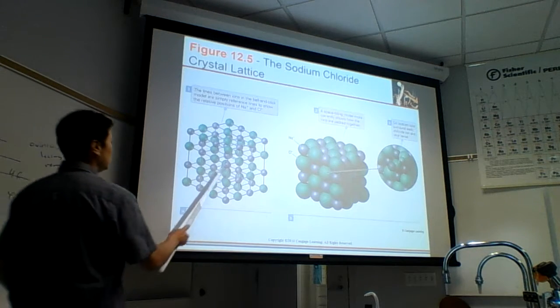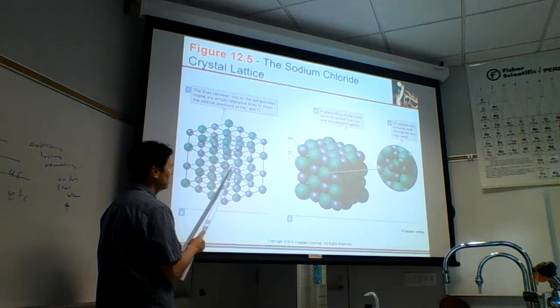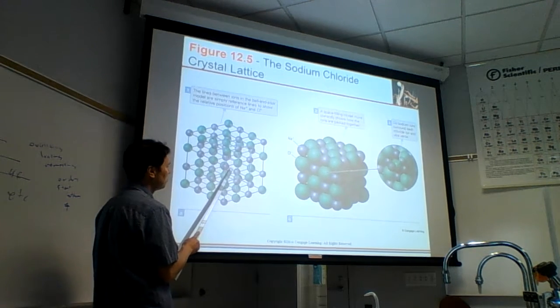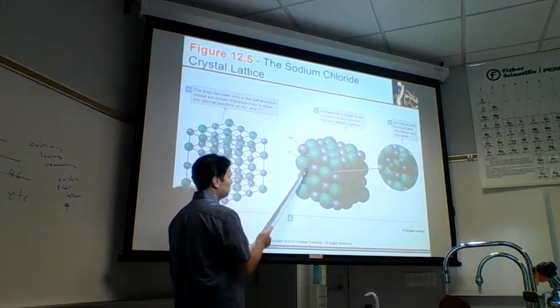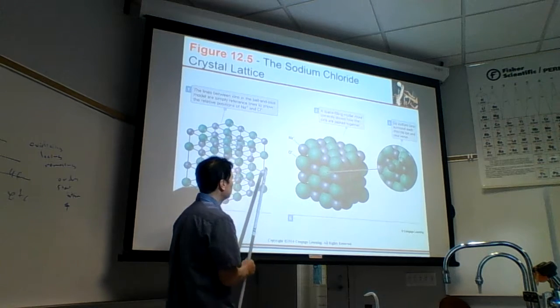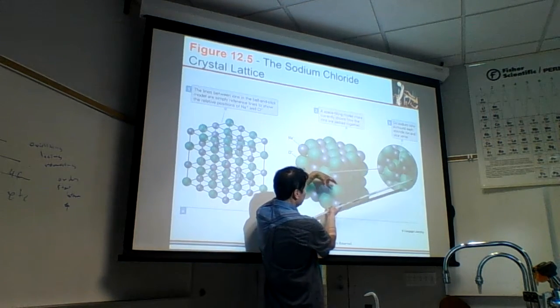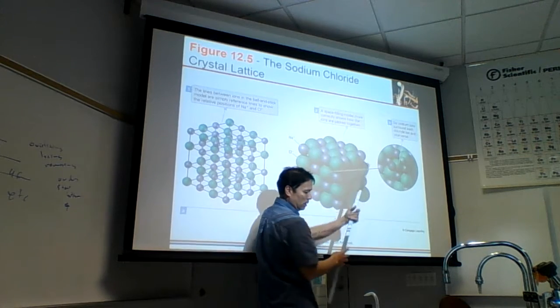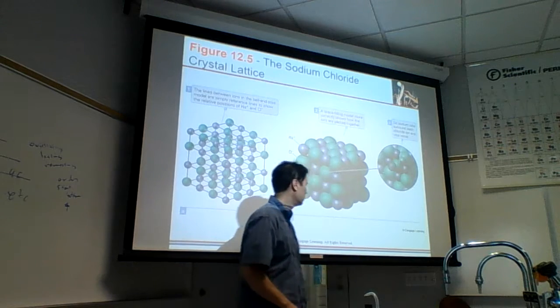These lines are just to show the geometry. These lines don't represent a bond. These lines would represent a covalent bond, but these are not covalent bonds. What holds the ions together is being next to each other, charged balls. And so this is just to spread it out. Have you ever seen those drawings where they expand? So you can see the details.